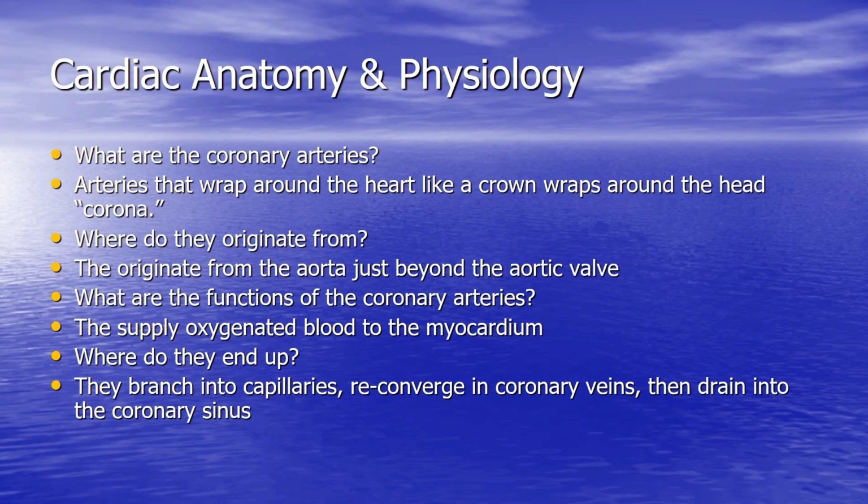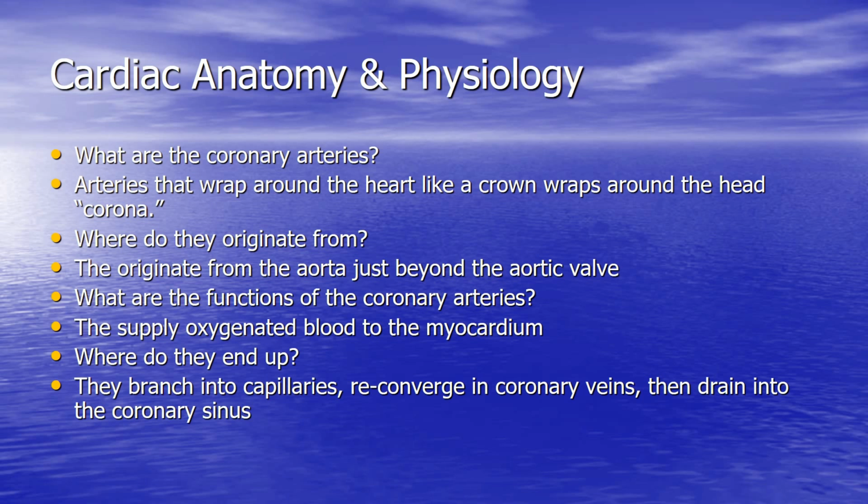You have coronary arteries that branch into coronary capillaries that allow the heart muscle itself to get oxygen and nutrients, and those coronary capillaries now take the deoxygenated blood into the coronary veins.